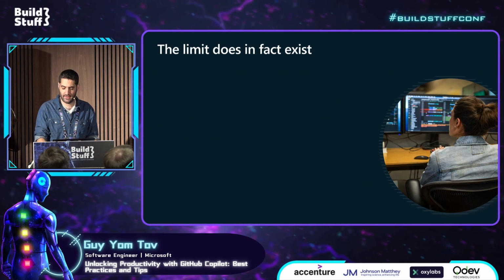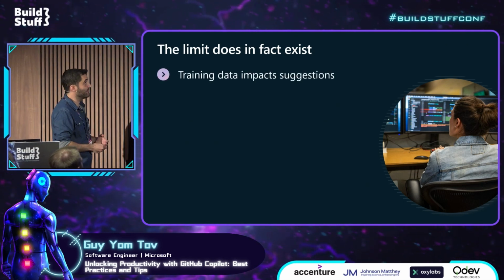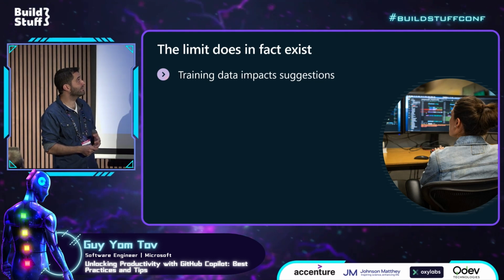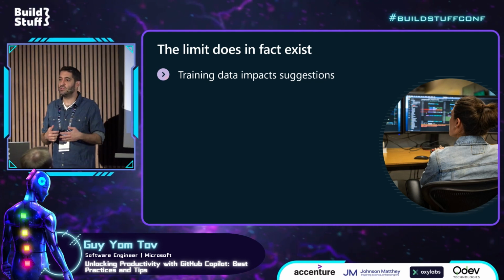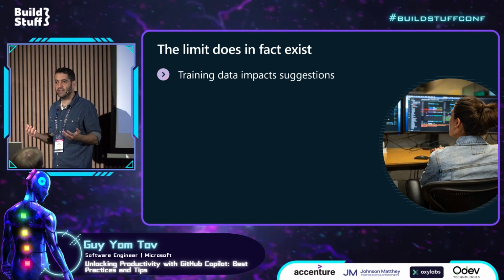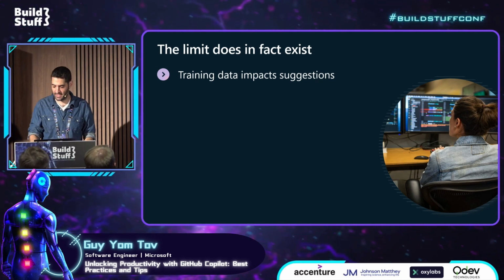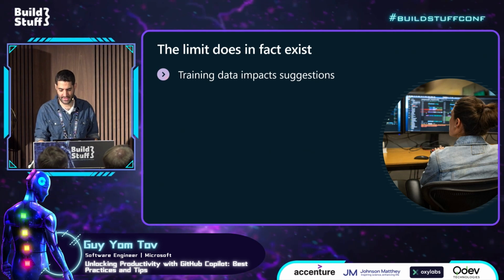But of course, there are limitations. The first one is, as I mentioned at the beginning, training data impacts suggestions. If you're using a design pattern or a language which is less familiar in open source or on the internet, the suggestions would not be as great.